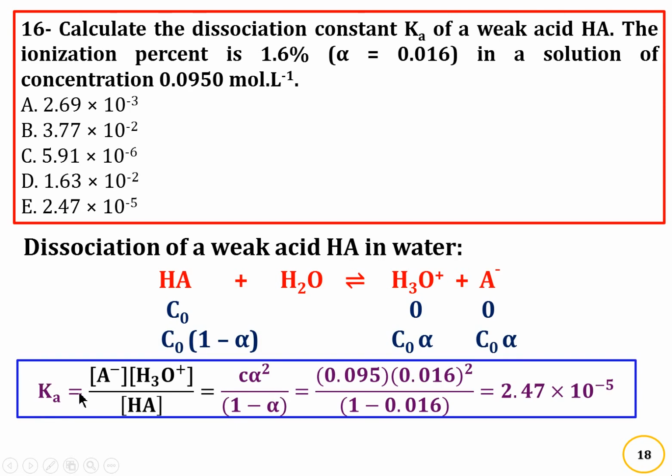So we write Ka equal [A-][H3O+] over [HA] concentration at equilibrium. So it's equal to C0 alpha squared divided by 1 minus alpha. We put the value of C and alpha, and we obtain a Ka equal 2.47 10 minus 5.